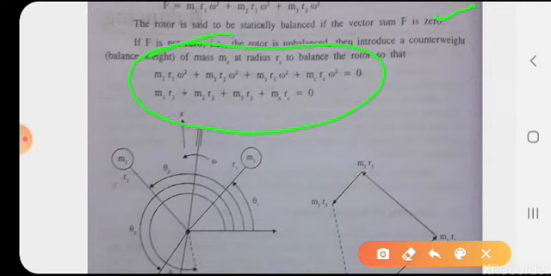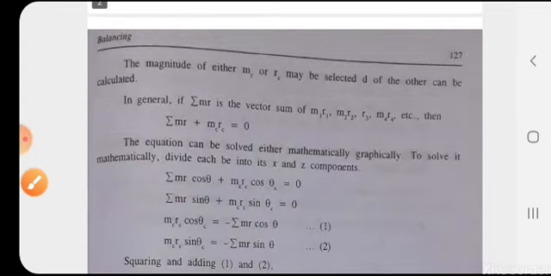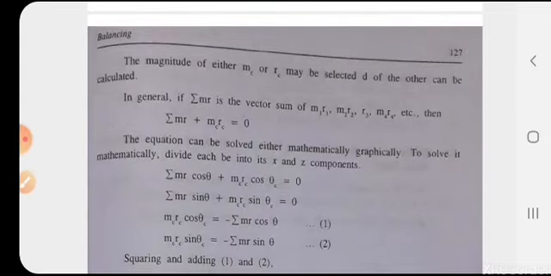By cancelling omega square from each term, we get m1 r1 plus m2 r2 plus m3 r3 plus mc rc equal to 0. The magnitude of either mc or rc may be selected and the other can be calculated.